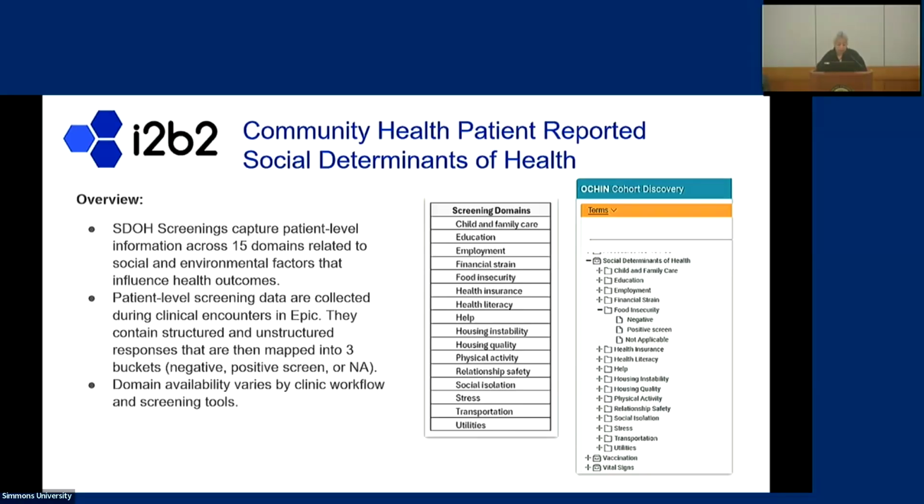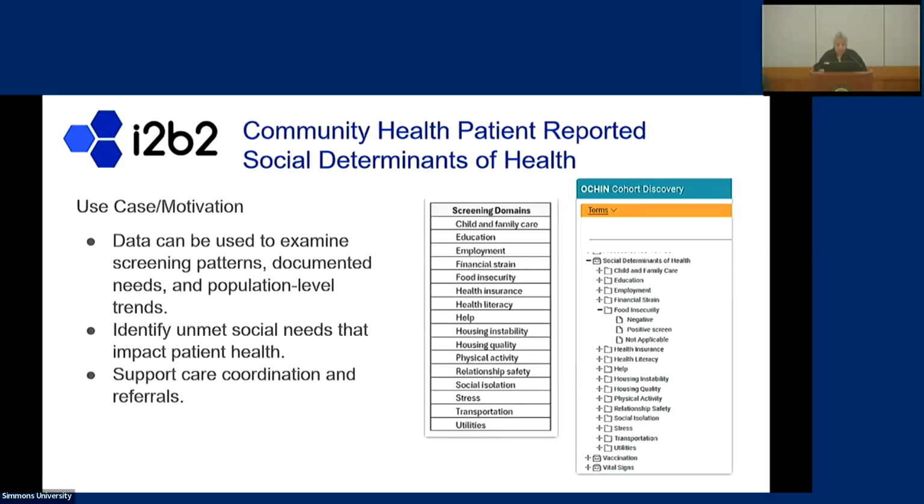Their patient-level screenings are collected during clinical encounters in Epic, and it contains structured and unstructured data that they put into 3 buckets, negative, positive, and not applicable. And the domain availability for the questions vary by site since they're in all those different healthcare systems.